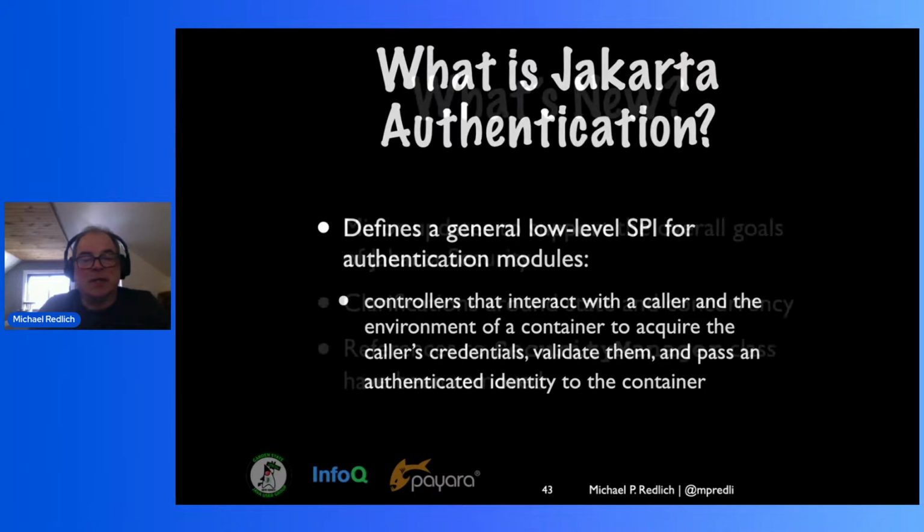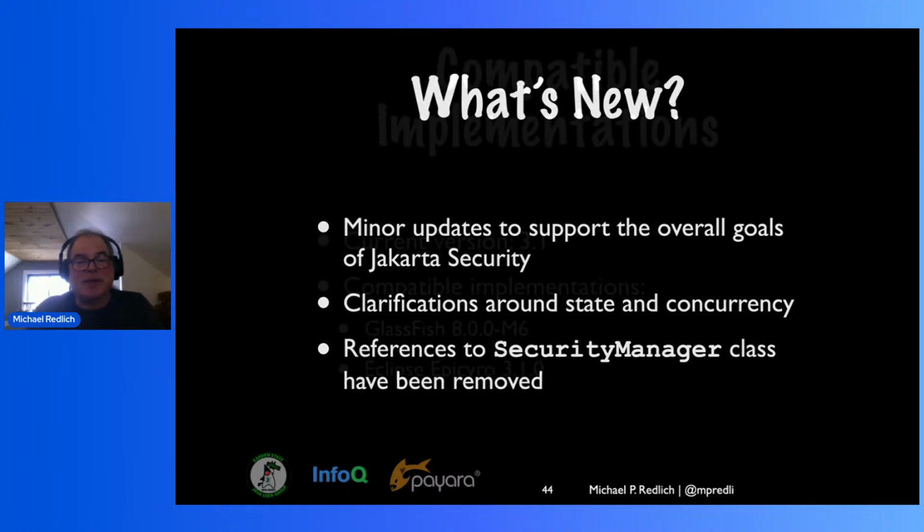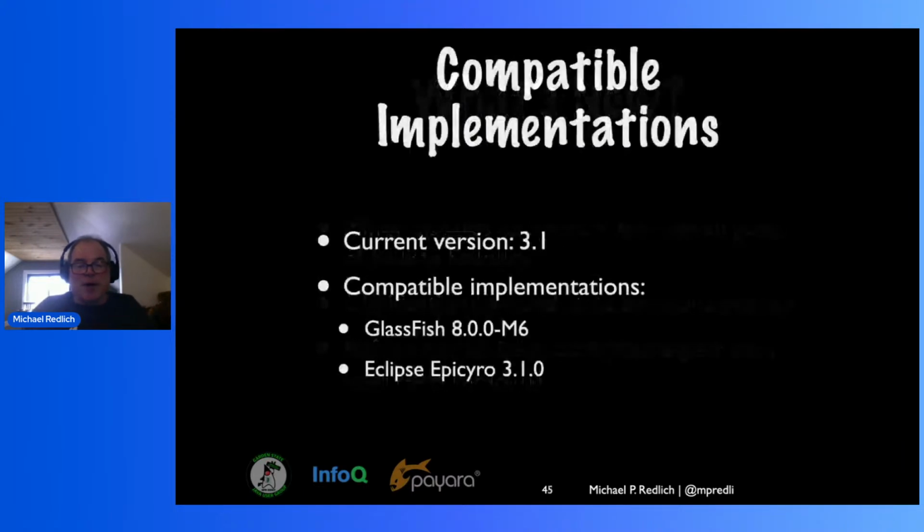What's new there are minor updates to support the overall goals with Jakarta Security, some clarifications around state concurrency, and then you'll see this a lot: references to the security manager class have been removed. 3.1 is the new version. And again, you see GlassFish is a compatible implementation along with Eclipse Epicyro.